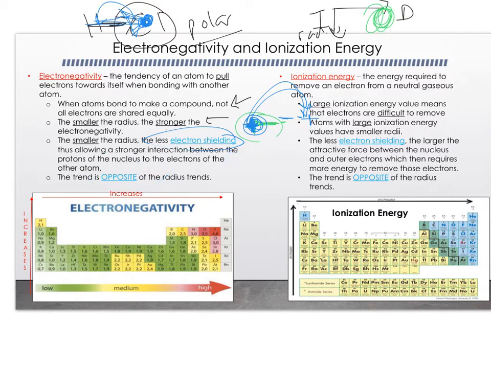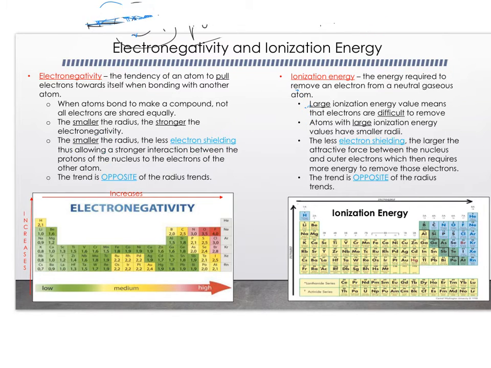So that's your electronegativity, where you're pulling electrons towards yourself. And then your ionization energy. This is the energy required to remove an electron from the outermost shell of a neutral gaseous atom. So the ionization energy is the property of being able to pull off that last electron to form ions.